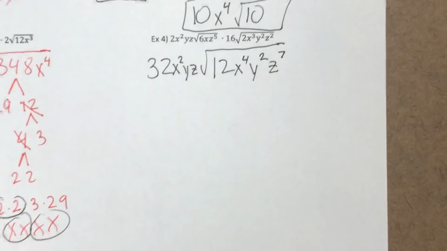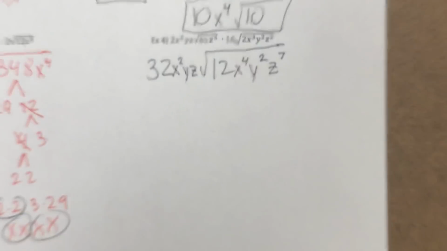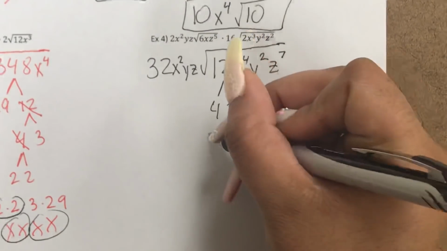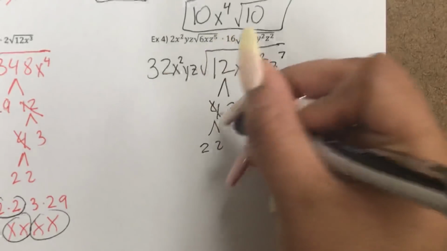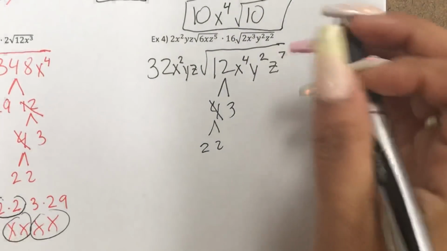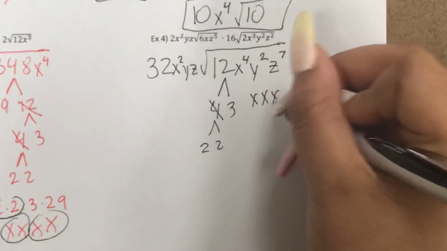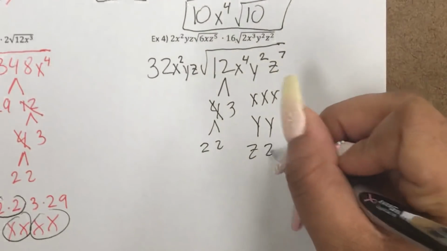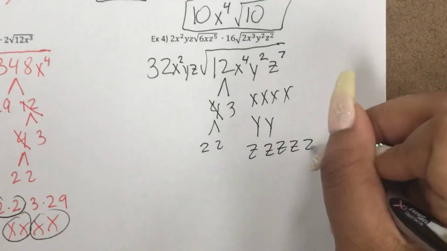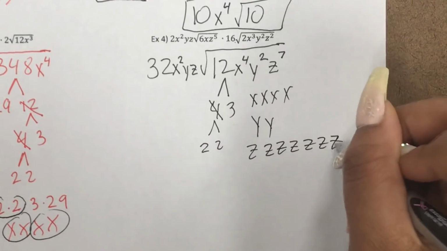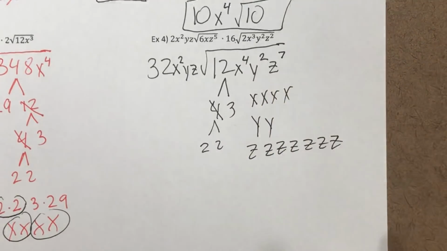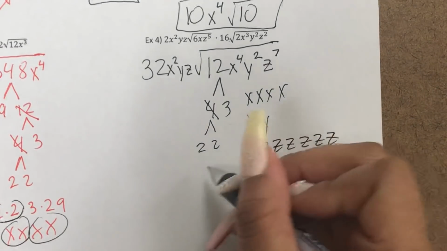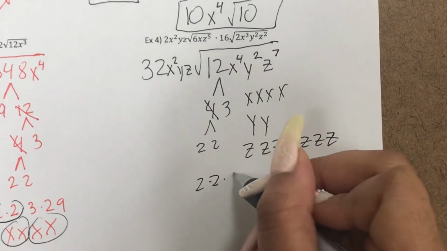Now we're going to break down the inside. That could break down into 4 and 3, then 2 and 2. Now list out how many x's you have, how many y's, and how many z's. I have 2 2's and 1 3.